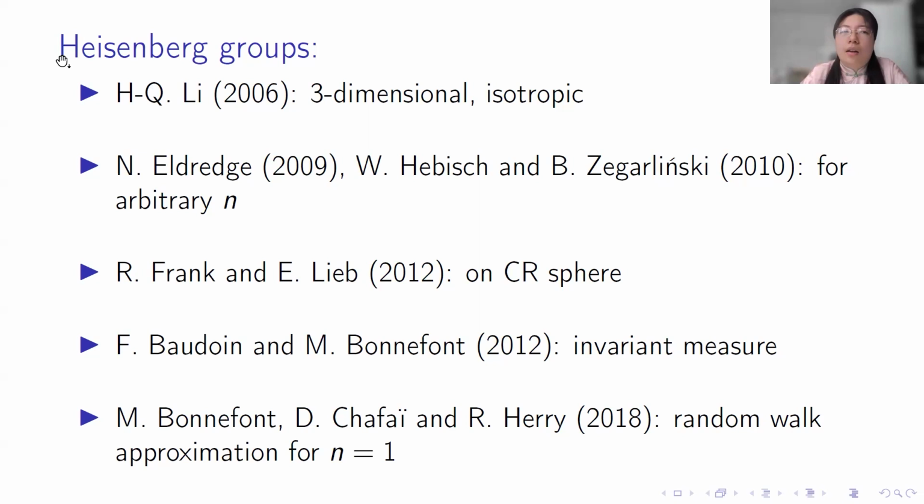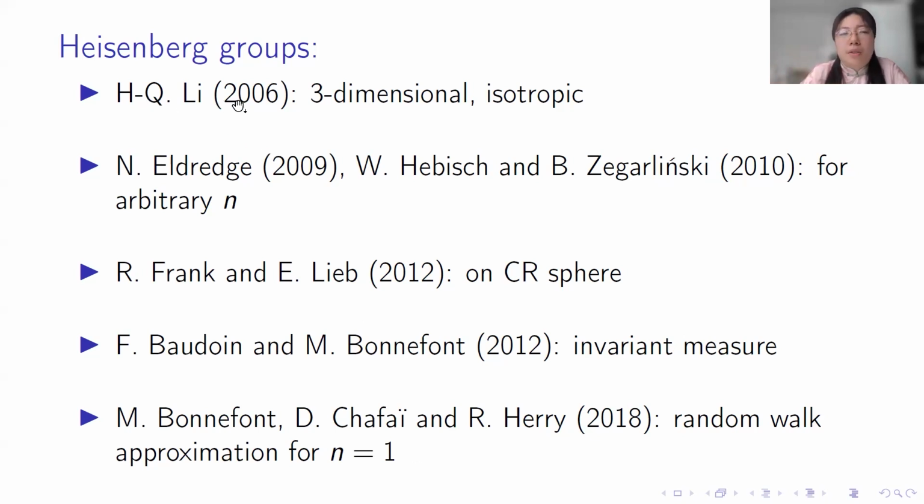And for the Heisenberg group case, there are many approaches, and also due to their different choice of the measure, we can take the heat kernel measure or the Gaussian type of measure and so on. There are many different versions of log Sobolev inequality. So here I only listed several papers that are most relevant to our result.